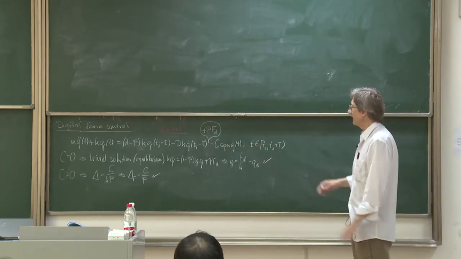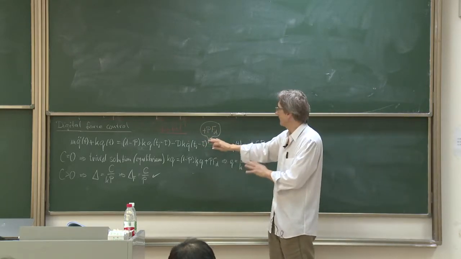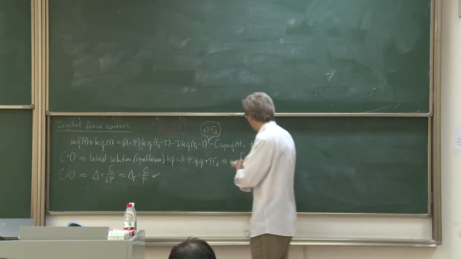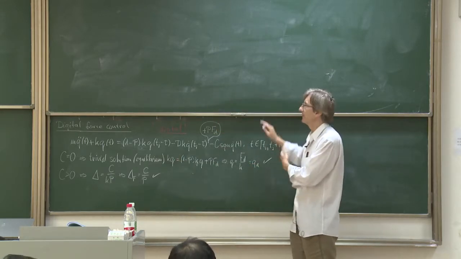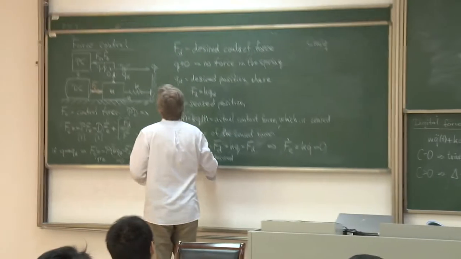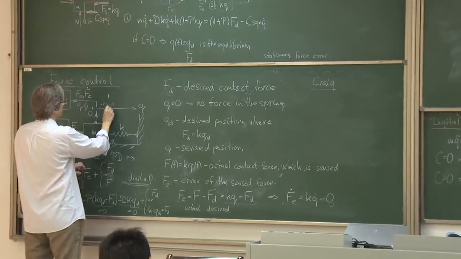But now it's high time to get rid of this stupid Q, because its equilibrium is not at 0, but at QD. So now we will introduce a new coordinate, and this will be denoted by x. This coordinate x will be taken here.